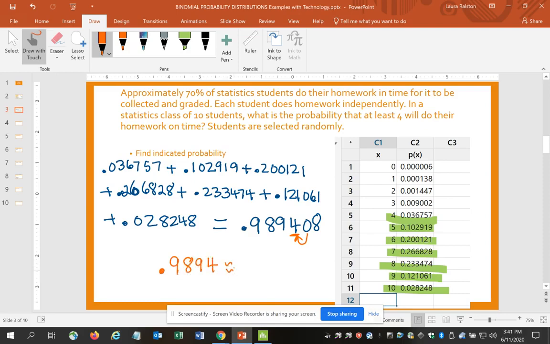Or if you want it as a percentage, that's about 98.94%. The decimal value is okay because it asked me for the probability. Okay, so there's about a 98.94% chance that at least 4 students will do their homework on time for it to be turned in and graded.